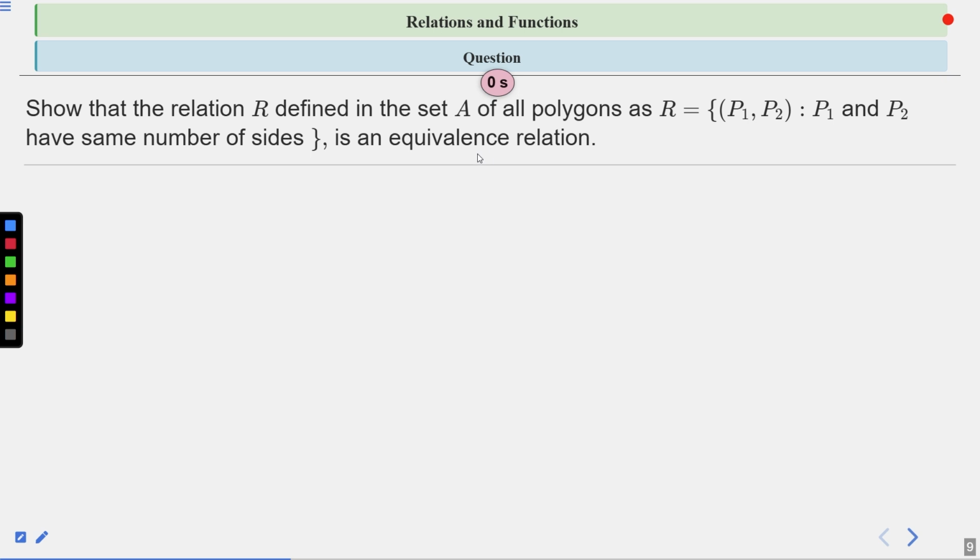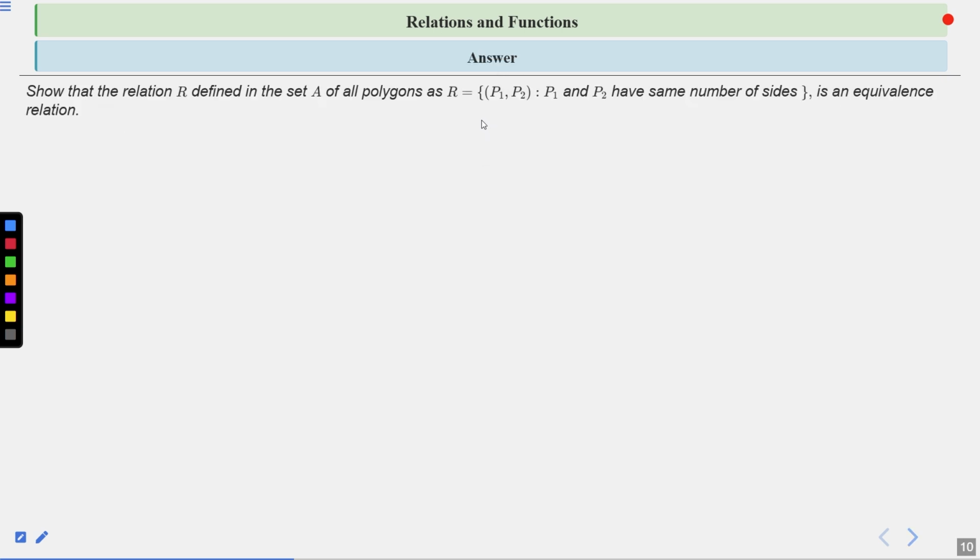The time is up. So in the question, we have to show the given R is an equivalence relation. Solution. In order to show equivalence relation, we need to fulfill three types of relations: reflexive, symmetric, transitive. For the first, consider a polygon P1 which belongs to the set A, obviously.